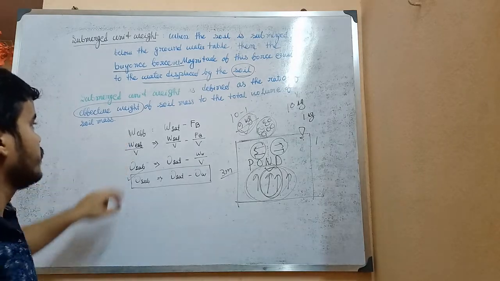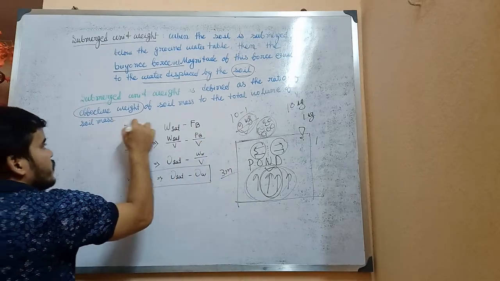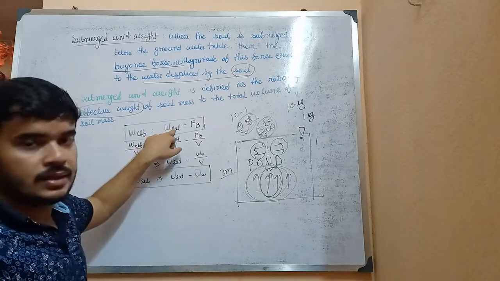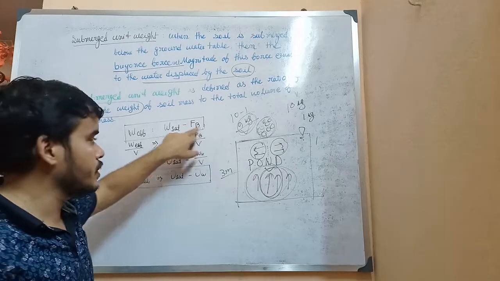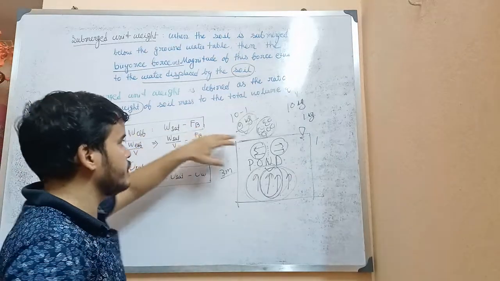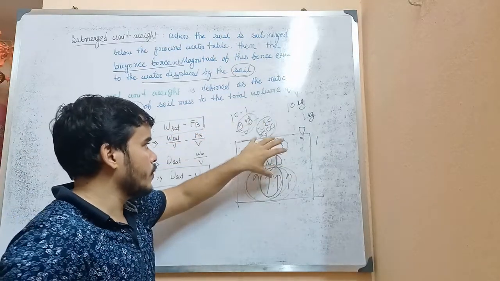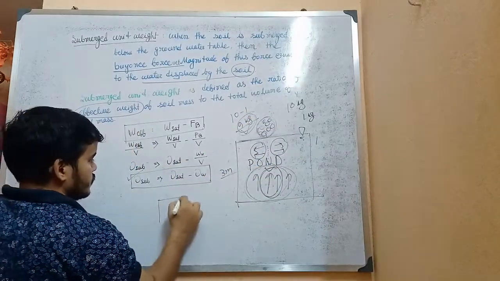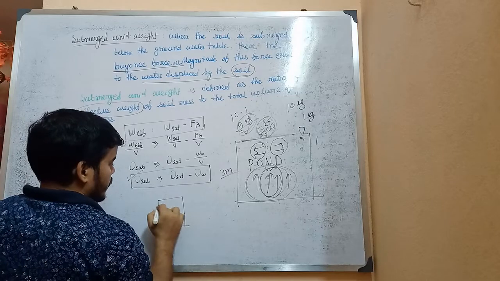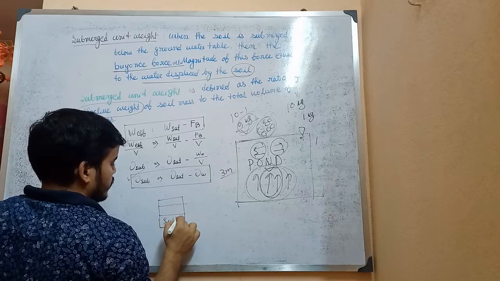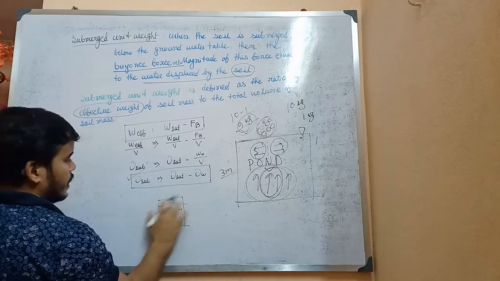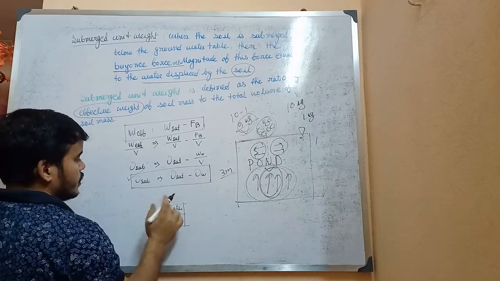Now look here, effective weight. Effective weight equals saturated weight minus buoyancy force. Saturated weight means the weight of the soil under the water, as a soil particle consists of solid, water and air, and here the air will be fully removed.